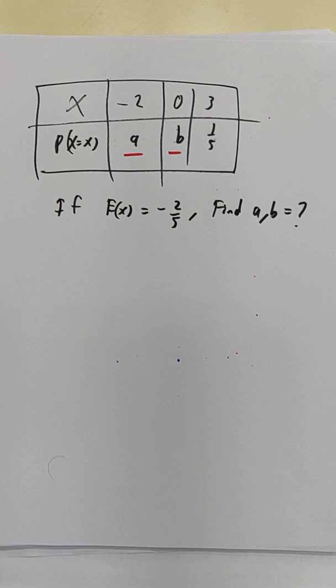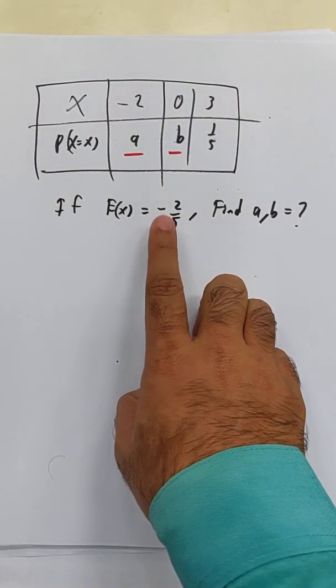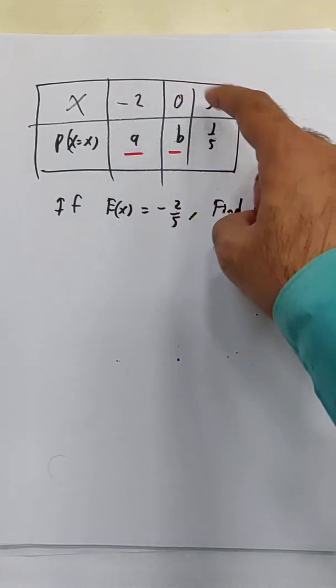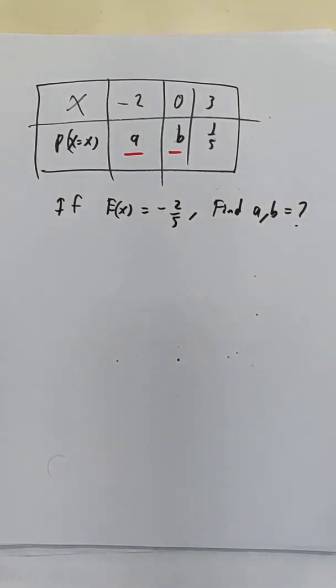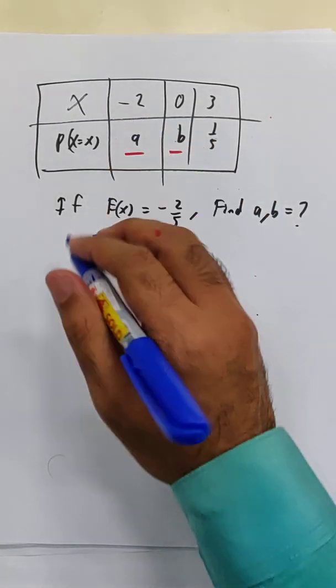How? Any good ideas? How do we get mean? Multiply, and add it up. So let's try using this information first.